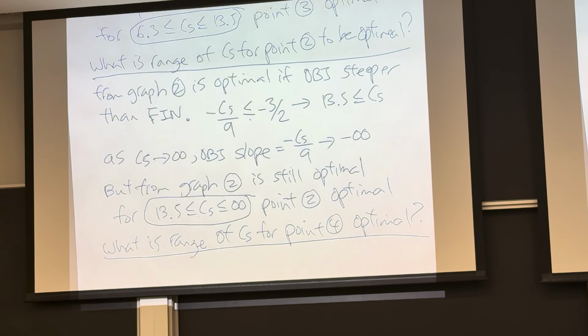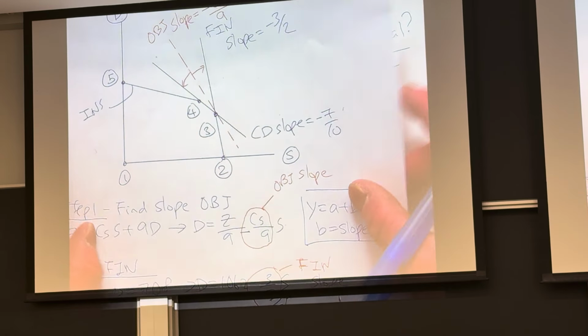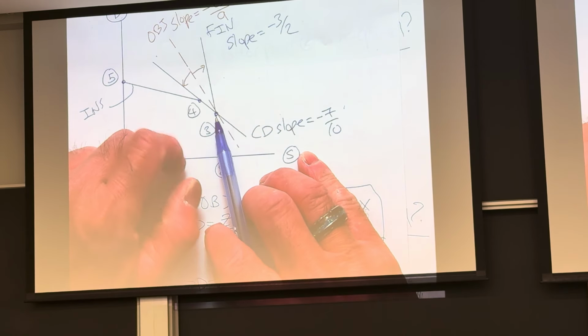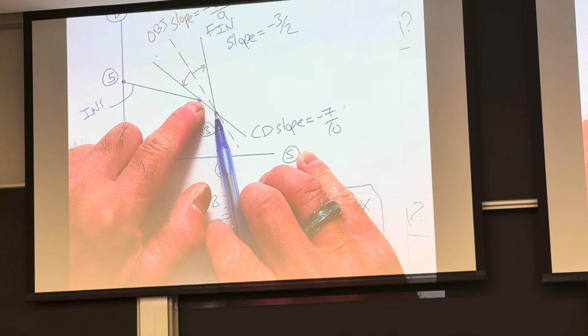Yes? My question was, why are we using the equal in the inequality? Wouldn't that just be the other lines then? Because we're saying the objective slope needs to be between the lines. Well, when it's equal, what it means is you have multiple optimal solutions, and both 0.3 and 4 will be optimal.